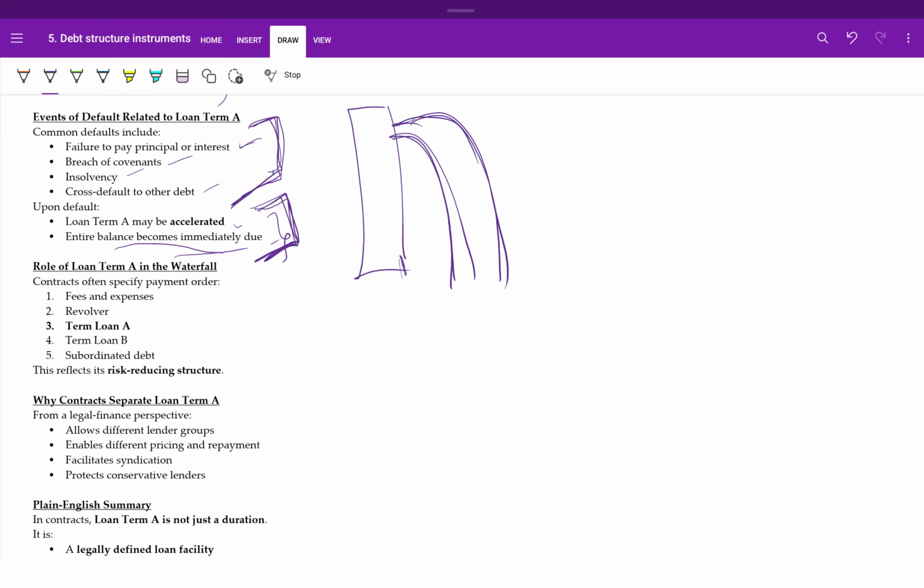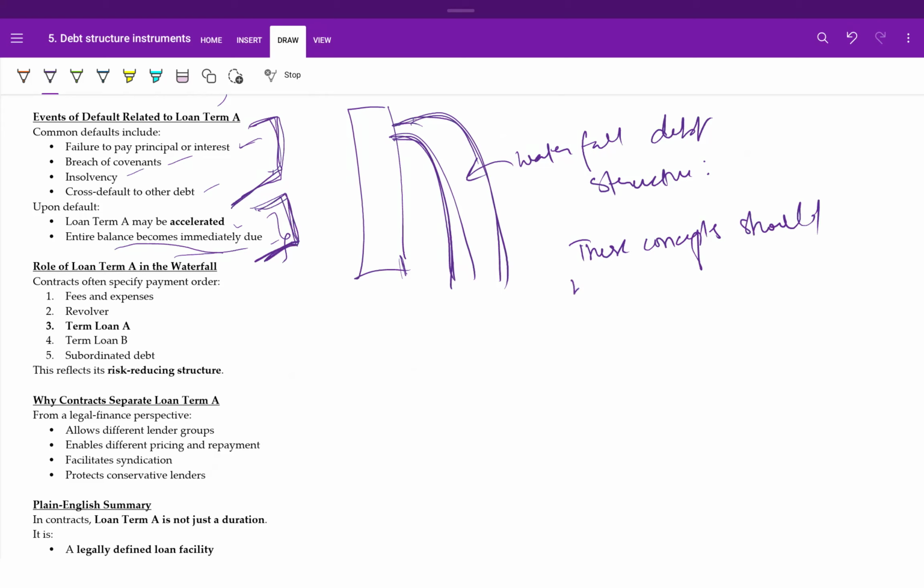In a waterfall debt structure, these concepts should be on your fingertips.